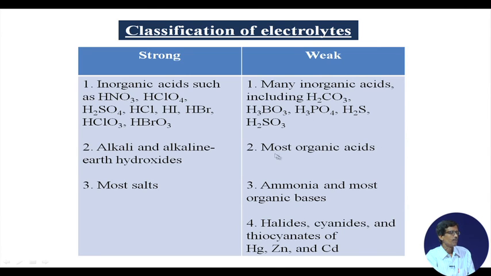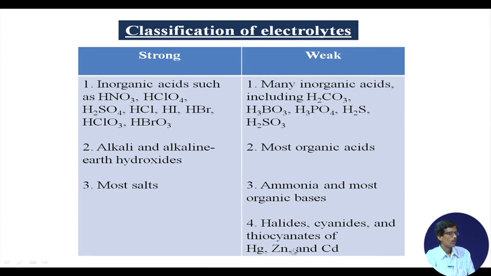They are of that weak category. Most salts, whether inorganic or organic, will be strong electrolytes, compared to your ammonia and most organic bases like triethylamine or trimethylamine. They are weak. We should be very careful about knowing this particular category.